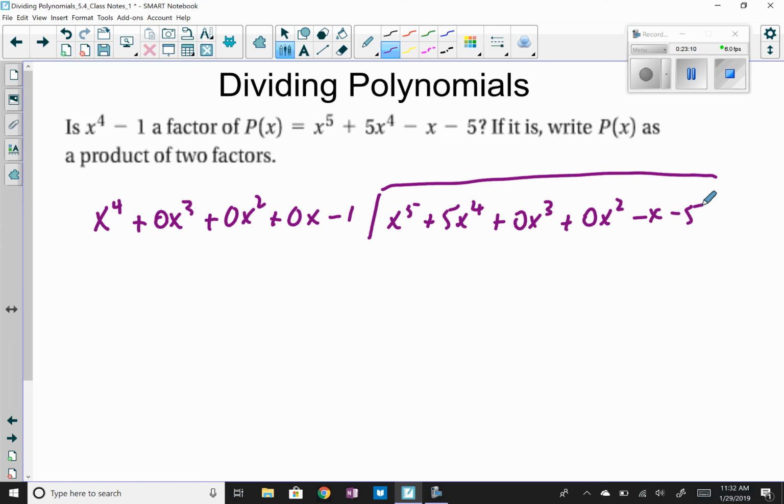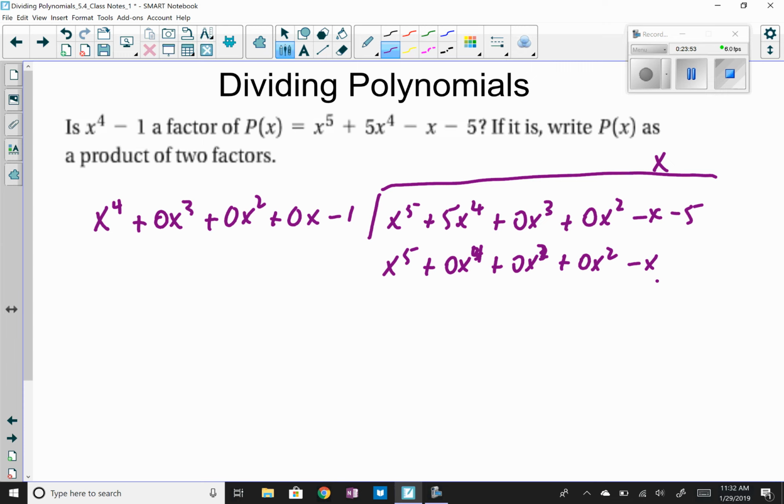Okay, so we want to see how we're going to get x to the 5th by multiplying to x to the 4th. So that's going to be an x. I'll put that in the x to the 1st column. X times x to the 4th, x to the 5th, x times 0x cubed would be 0x cubed. And we have 0x squared. I'm sorry, this one's to the 4th power, this one's to the 3rd power, and then 0x squared, minus x, right?